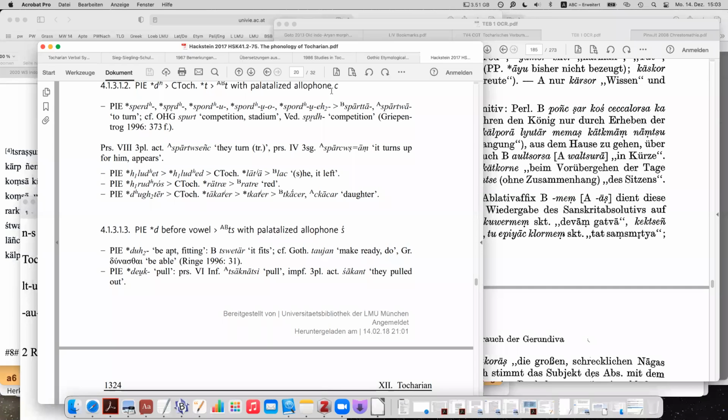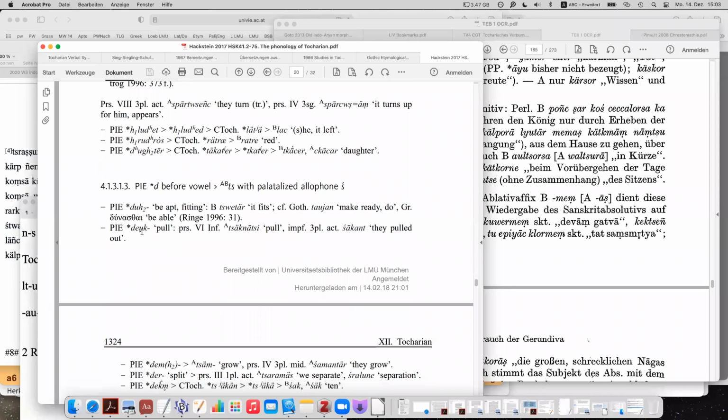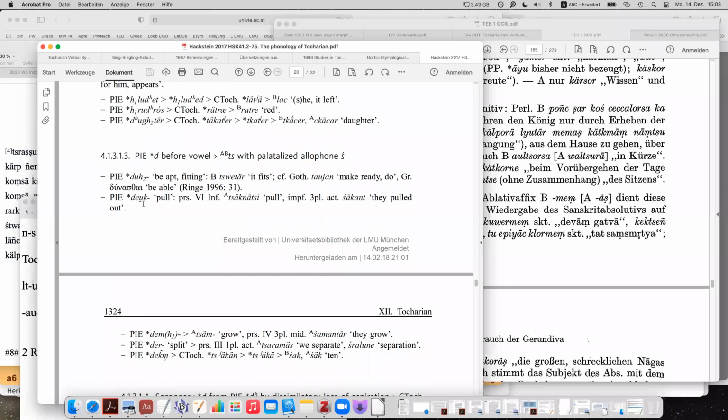It's different from t and dr. D is a little bit special. So for example, in Tocharian it's called Tuk. Tuk is actually the 0 grade, but if it is palatalized, it becomes a shak. Yeah, shakant. You pour it out and so on.